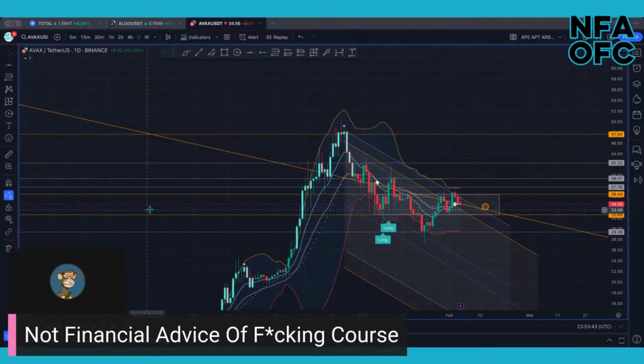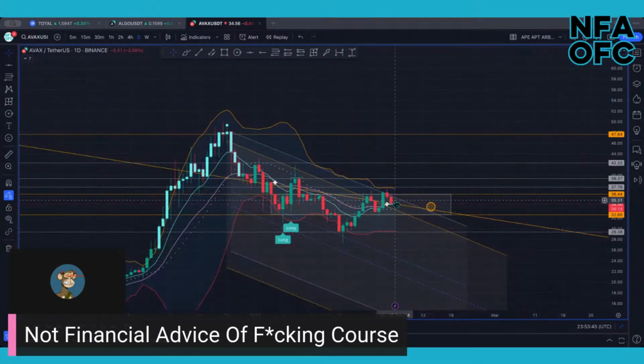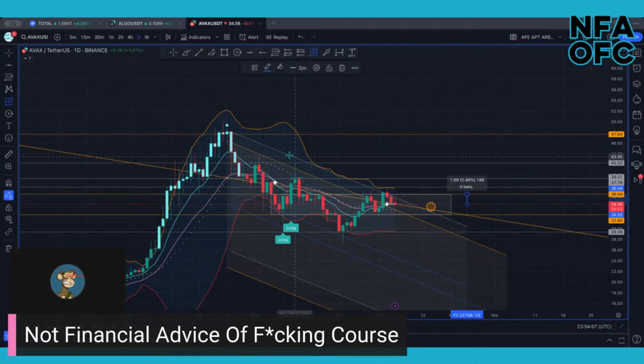Where's our confluence? Compression. Sticking down between these two lines. I would be watching this one very closely over the next few days because when it pops, it can definitely pop, which, if we go from current price to the next level of resistance, perfect, current price.